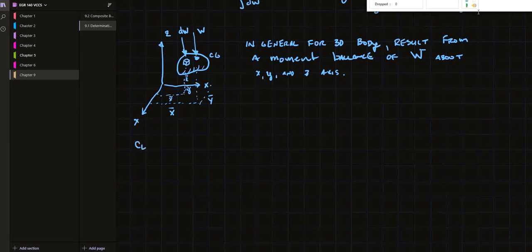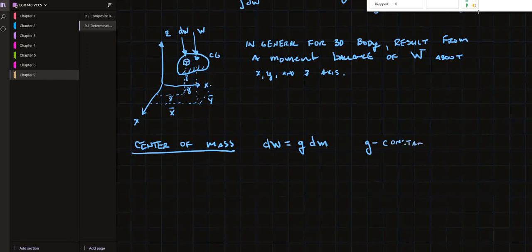So in this way, we can also broaden this out for other calculations like the center of mass, where dw is going to equal some constant gravity times dm, where if g is constant, we'll be able to divide it out just like we did in the summations.